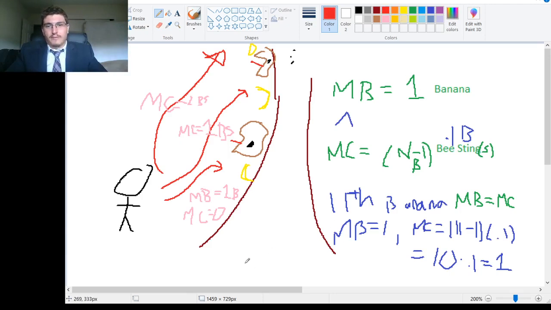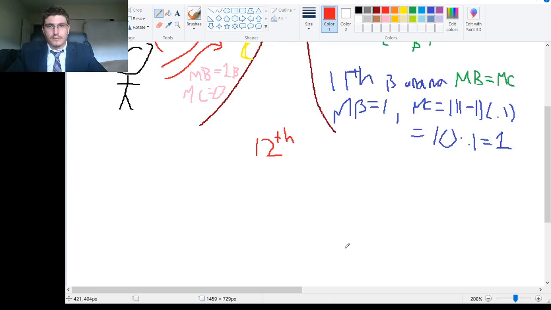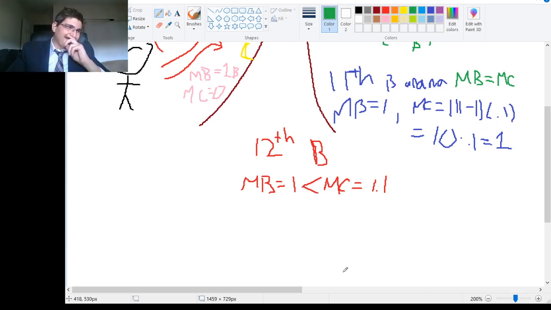At the 12th banana, though, I run out of room here. I'm sure we can get more. So the 12th banana, we'll call it 12th bee. The marginal benefit is still going to be equal to 1. But now the marginal cost is going to be equal to 1.1. So marginal cost is above the marginal benefit. Marginal banana, we can call it marginal banana, actually.